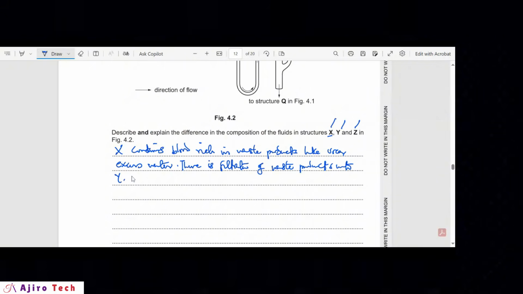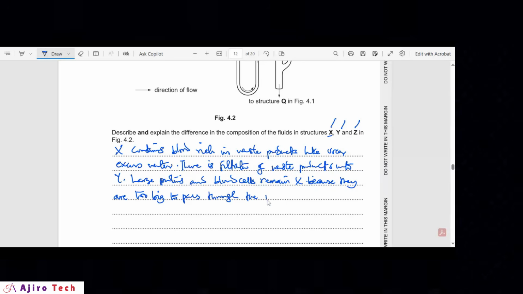However, large proteins and blood cells remain in X because they are too big to pass through the wall of X.